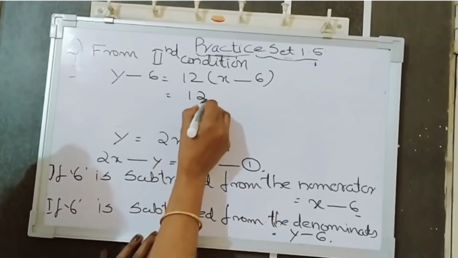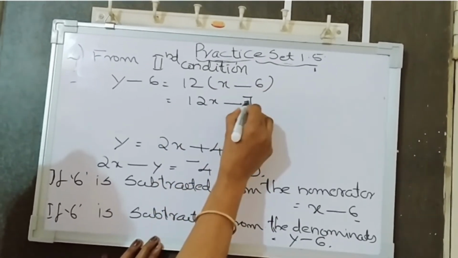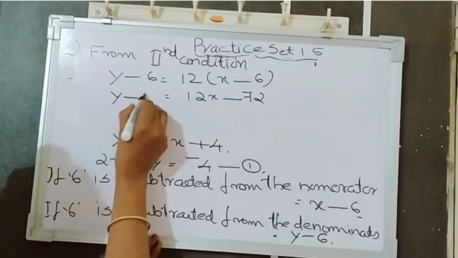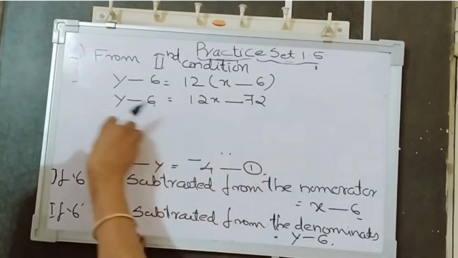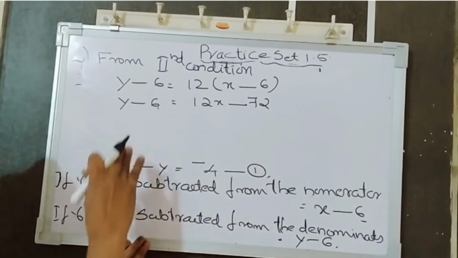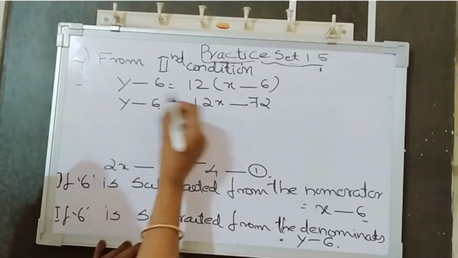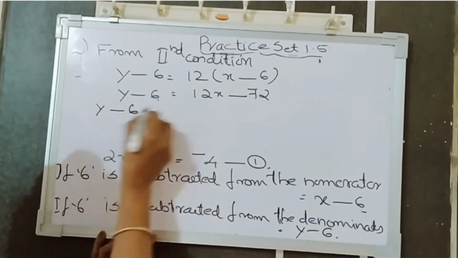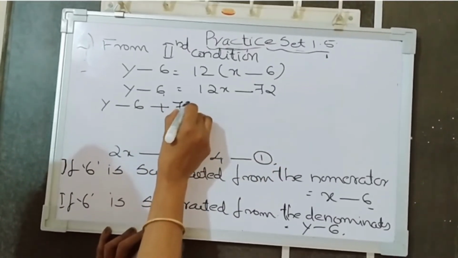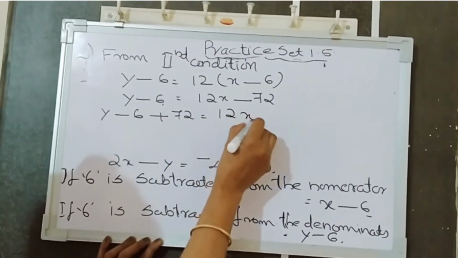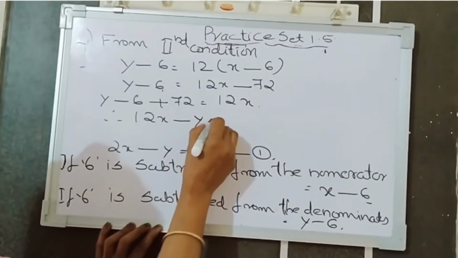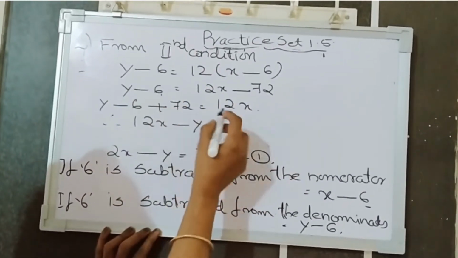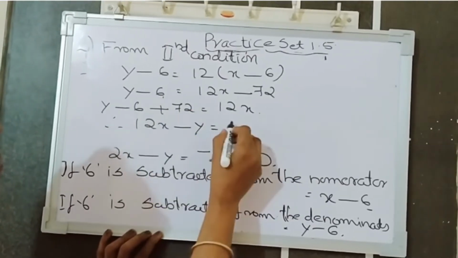Therefore, 12x minus 72 equals y minus 6. Therefore, y minus 6 plus 72 equals 12x. Therefore, 12x minus y equals 66.